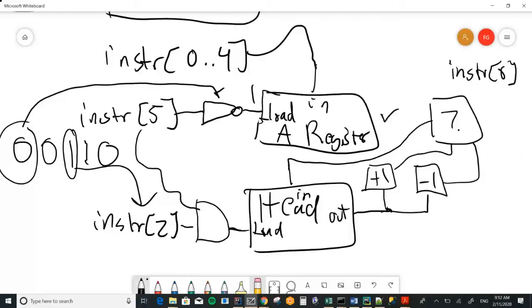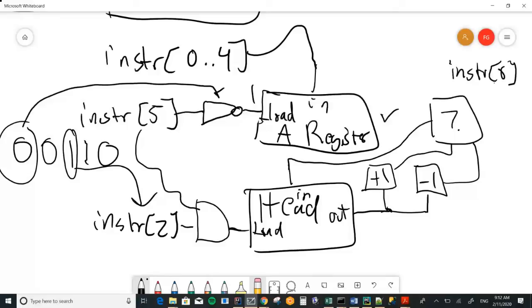Right. So this is an example of some of the subtleties that happen when designing a CPU. Sometimes you care, and sometimes you don't. And the difference between them is this: are you making a decision about whether something gets written?